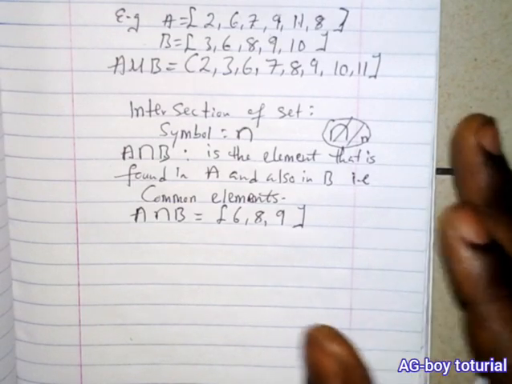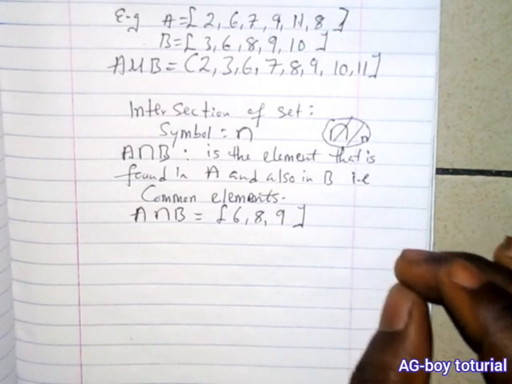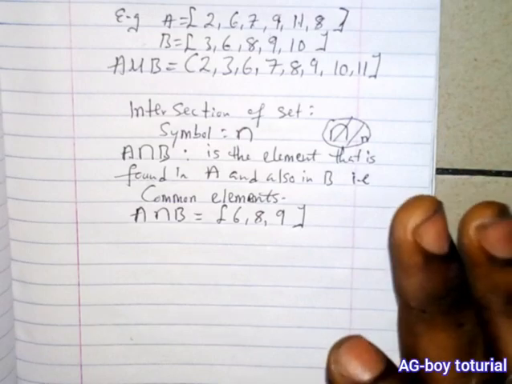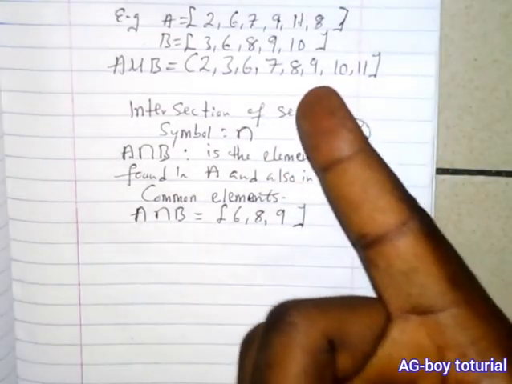Then if they are not common, if they don't have any element in common, it's called disjoint. So disjoint is the opposite of intersection.